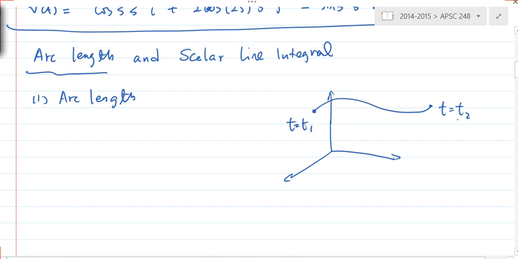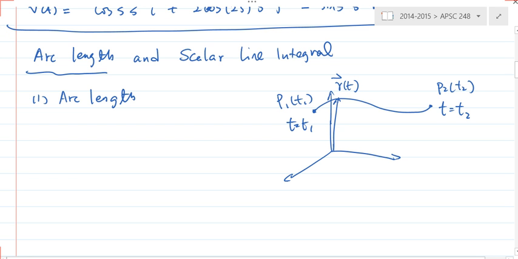Then we might have a point P1 at t1, and probably another point P2 at t2. So overall, this curve can be represented using a vector function R of t. That's the vector function for this curve.